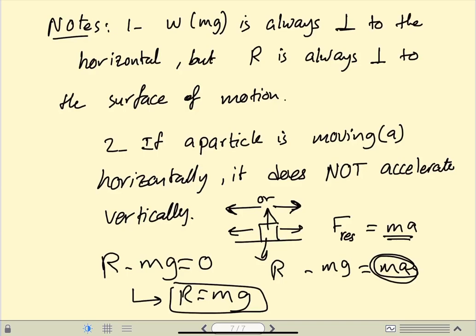The particle is moving in this direction, so it does not accelerate vertically. So always this part is 0, my dear students. Because of this, always R equals mg in this sketch, in this example. In the next parts, we'll see that R equals other components of weight, as we'll understand. All right?